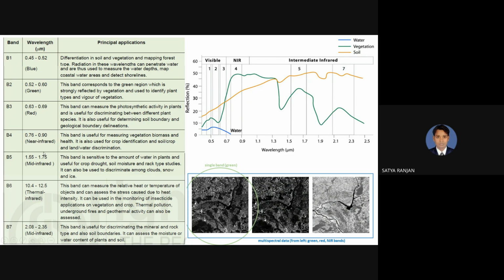But most importantly, there is the near infrared band, 0.76 to 0.90. This band is useful for measuring the vegetation biomass for different mangrove forests or any other forest. For NDVI calculations, the normalized difference vegetation index, we use the infrared band.